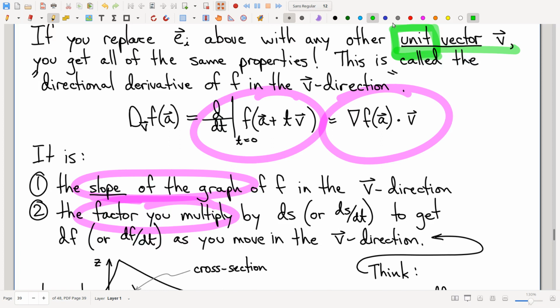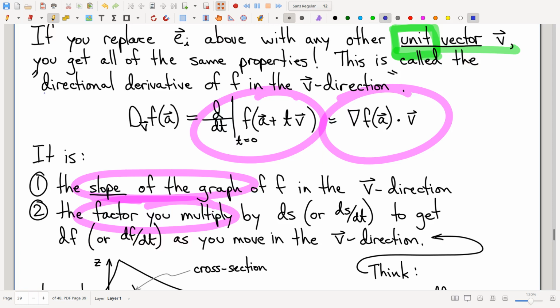Now, what am I going to call this? I can't call these partial derivatives. Partial derivatives, that's a term that we've already used to mean, given that we have a coordinate system set up, this vector is one of our standard basis vectors, and that's not what we're talking about here. So I can't use the term partial derivative. We just invented a new term.